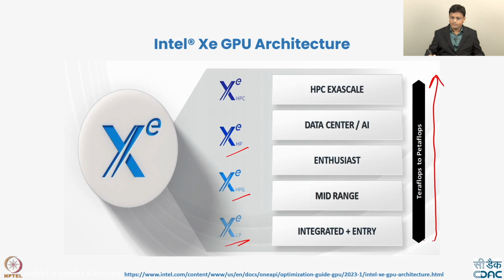As we are going above, as per this diagram, you can see that the teraflops are increasing to petaflops, and for more detail you can refer to this particular link for more information.